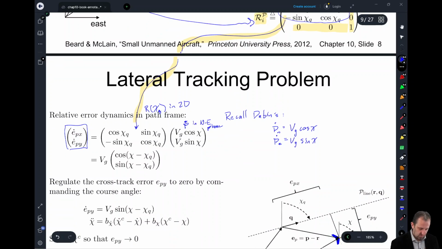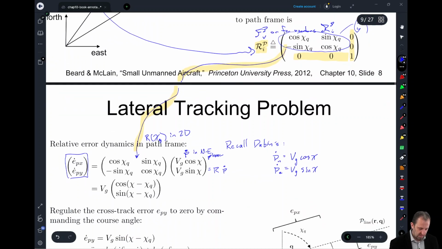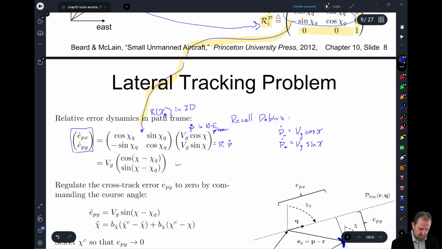Excellent. So we just have R times P dot, which is what we showed right up here on the last slide. Okay, so we do the multiplication and a little bit of trig, and then we have a nice expression for the error in the x and the y direction.